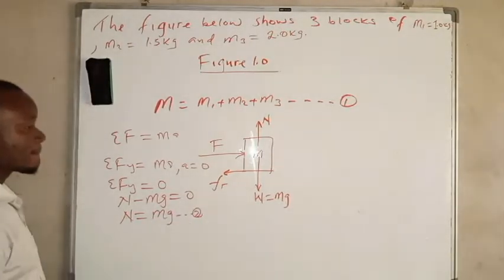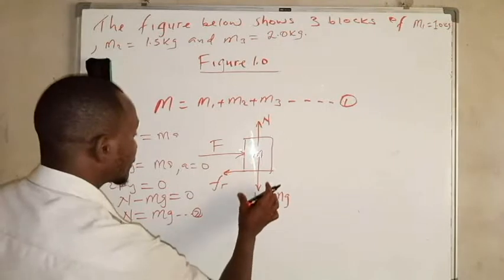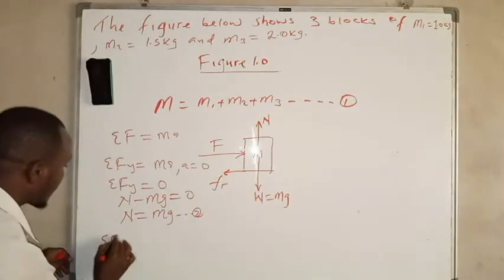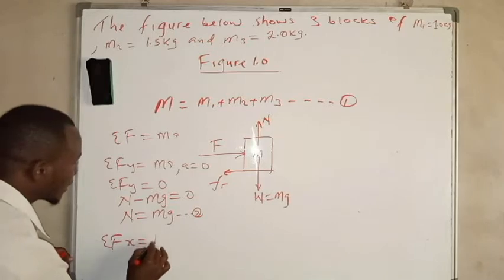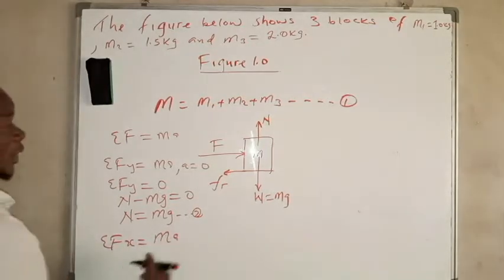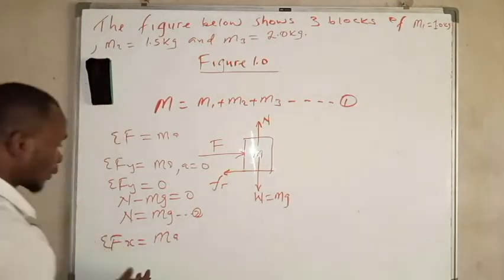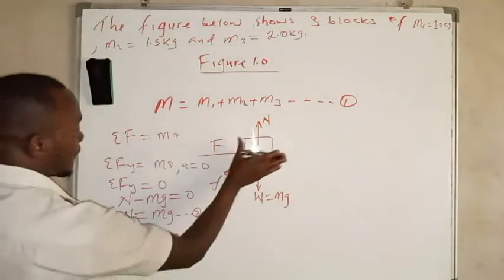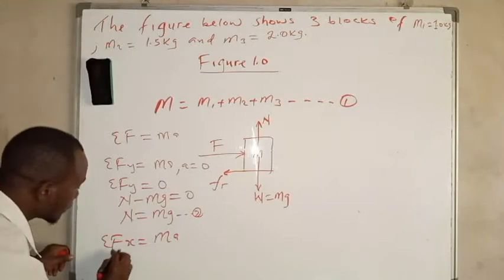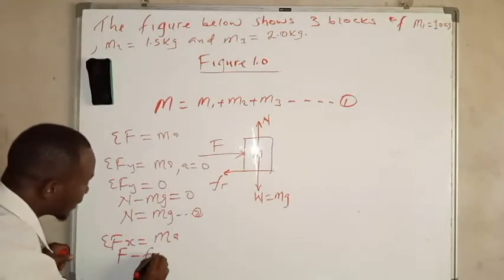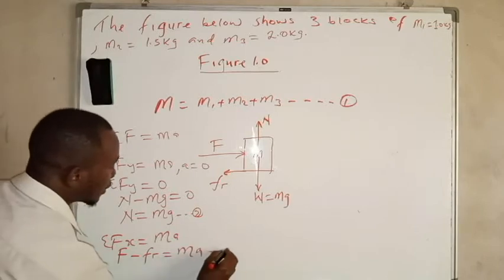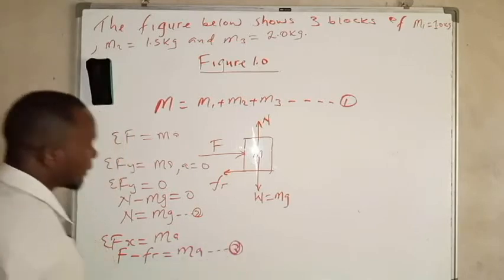And from here, we know that the summation of forces in x must give us ma. Since we have an acceleration of 3 meters per second squared in this direction, we say F minus the friction force must give us ma. Let us call this equation number 3.